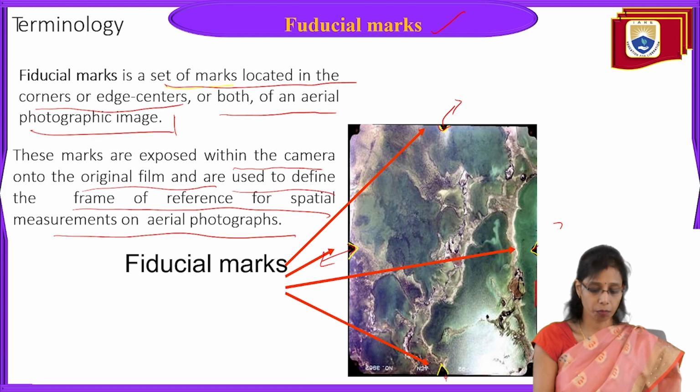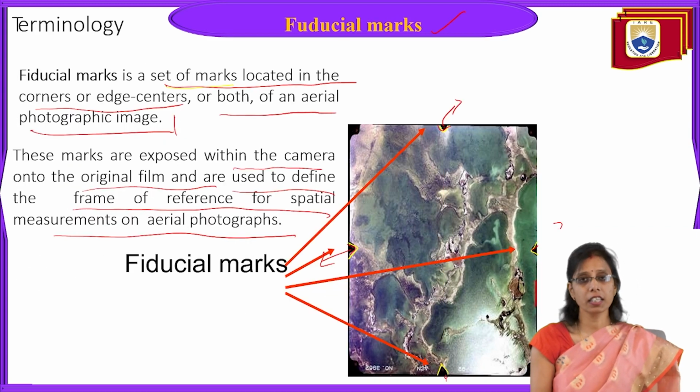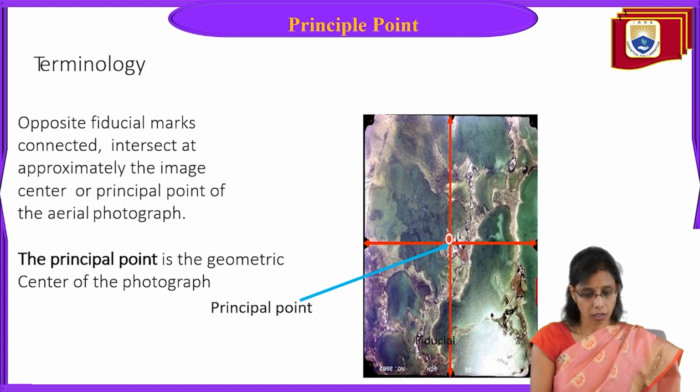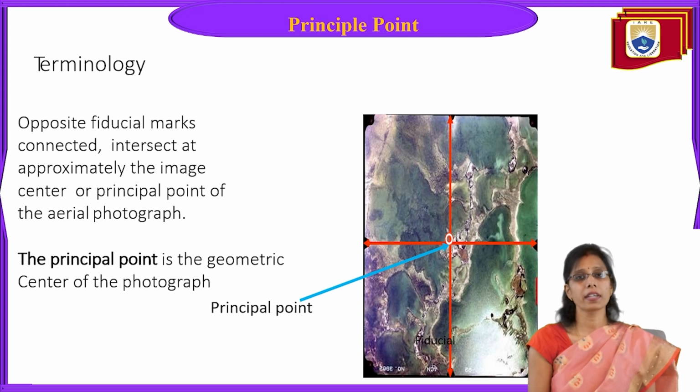So these are called fiducial marks, and they are very helpful to understand the geometry of the aerial photograph. Now let us see the next term, the principal point, one more terminology used to understand the geometry of the aerial photograph.